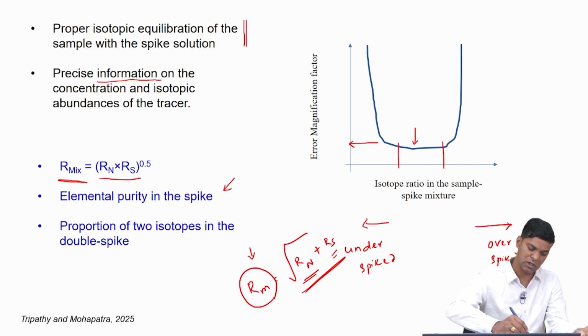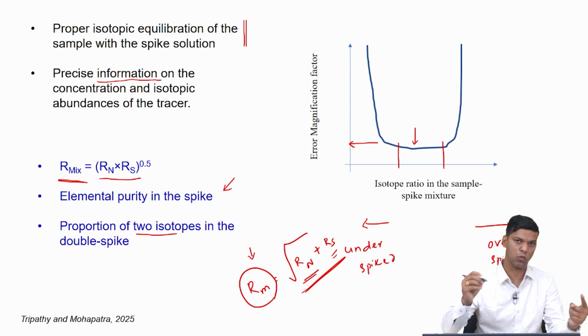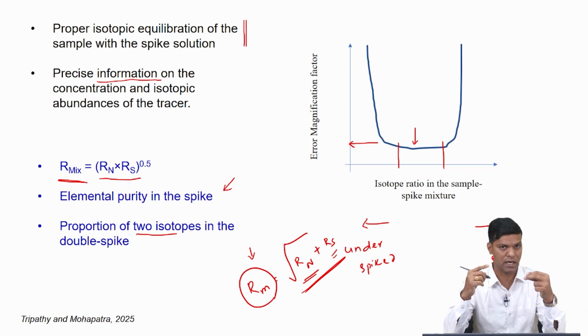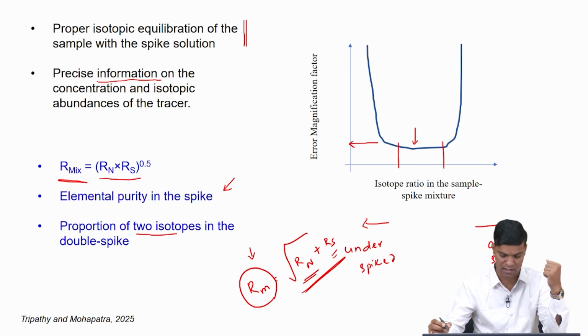In that case, you will add not one spike but two spikes, called a double spike. The proportion of these two isotopes must be added in such a way that the double spike does not introduce large uncertainty.